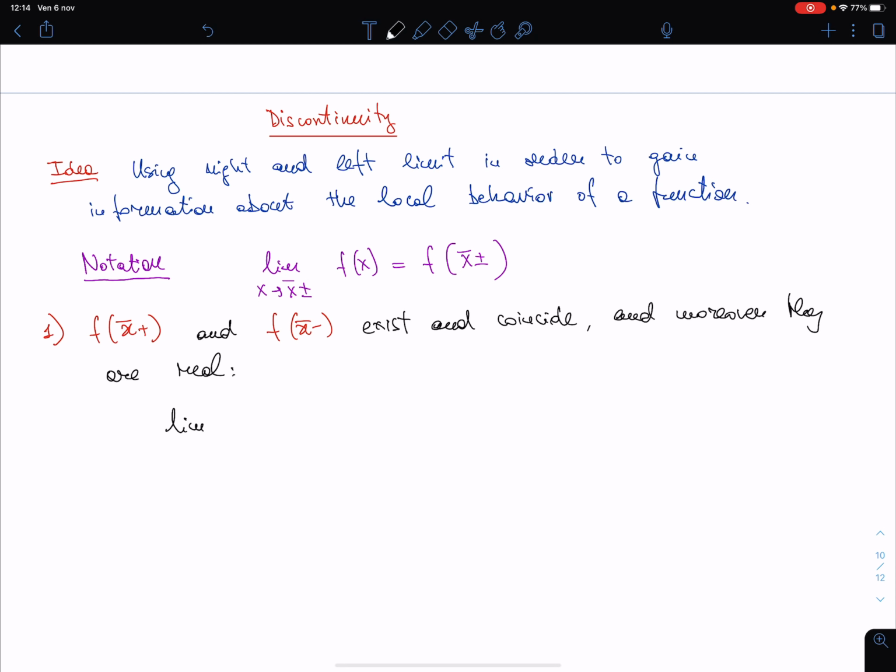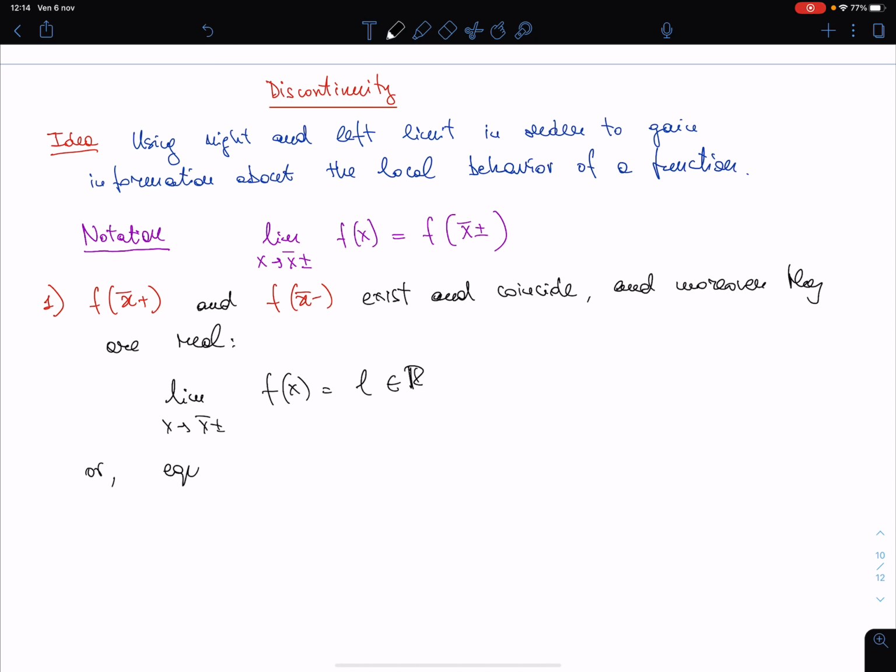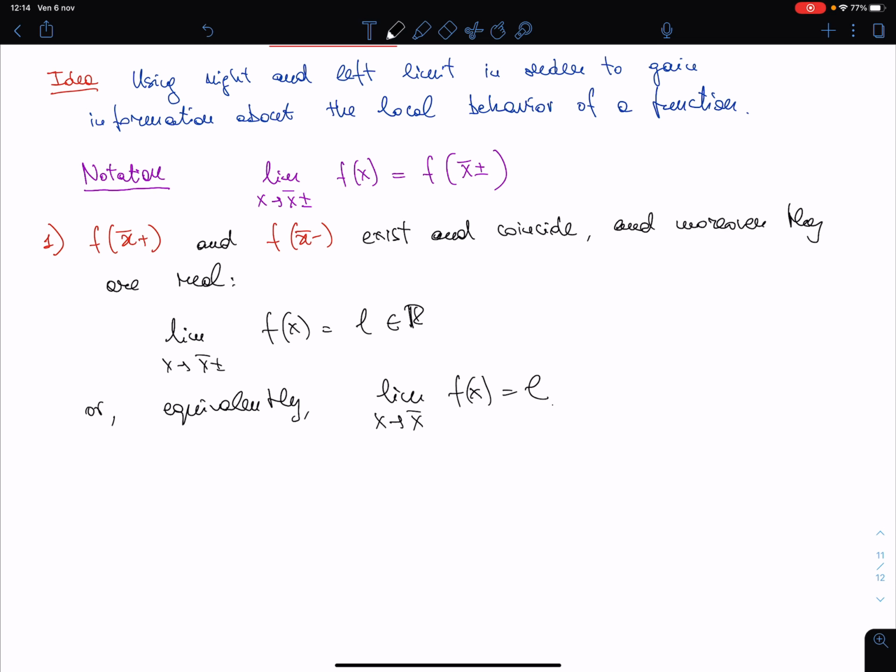So the limit for x going to x bar plus or minus of f of x is equal to L in R, or, due to the theorem, equivalently, the whole limit for x going to x bar of f of x is equal to L. In this case, one says that we are in presence of an eliminable discontinuity.